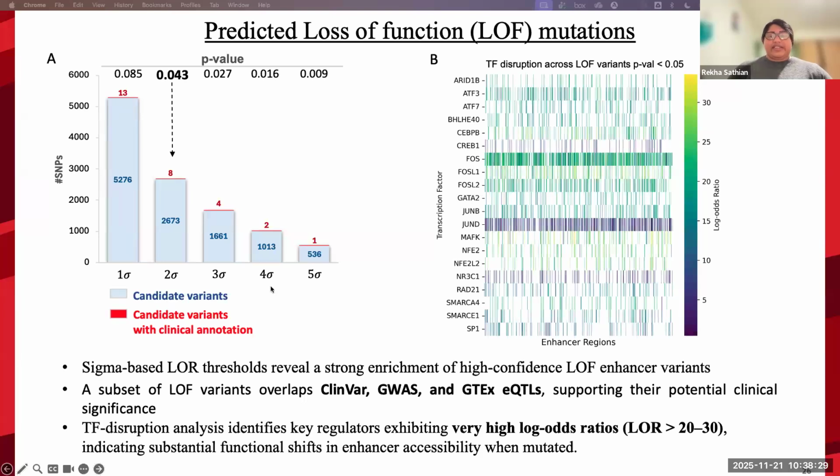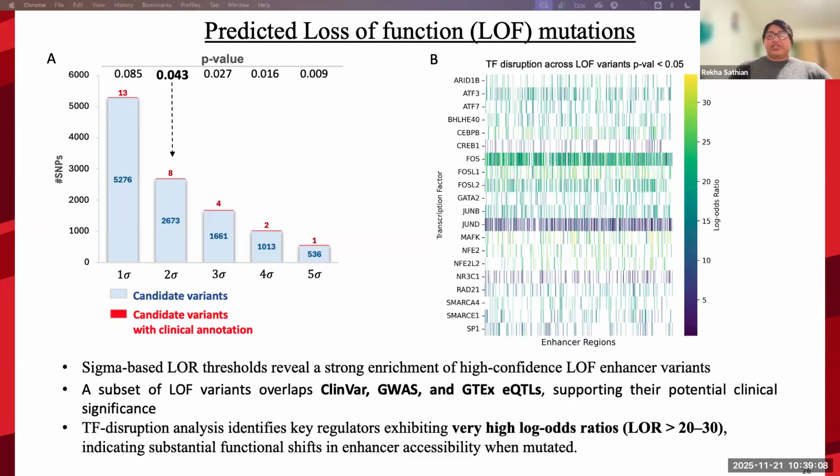Now, the transcription factor analysis is where things became particularly compelling. Among the variants with p-value below 0.05, we see strong disruption in a focused set of transcription factors. Displayed here are the top 20 TFs, which are frequently disrupted in the enhancer region by these loss of function variants. These include major regulators like ATF3, ATF7, GATA2, etc., and the chromatin modelers, as well as core cohesin components.